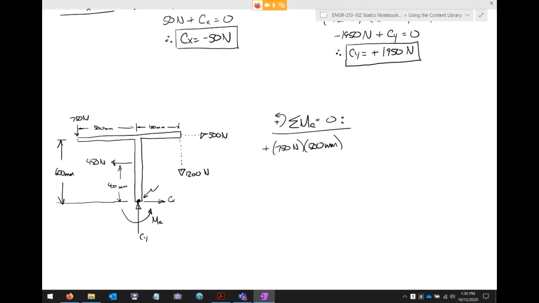Okay, now, how about the 450 newtons? Does that generate moment? If you wonder what I'm doing, I'm sort of training you to think about a systematic process in going through this. So help me out. The 450 newtons, does that generate moment? Yes or no?